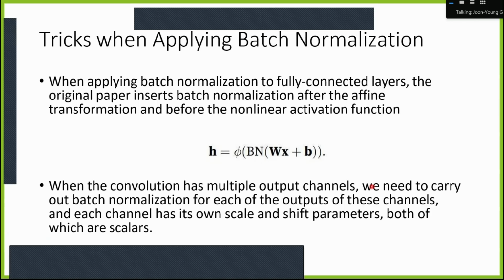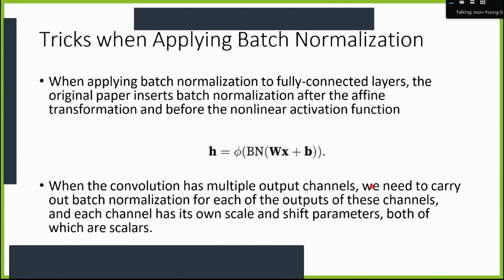A neuron in an MLP could be understood as one hidden, latent feature, but in a CNN each channel corresponds to a feature. So batch normalization is applied at the feature level across multiple training samples within the random sample batch.